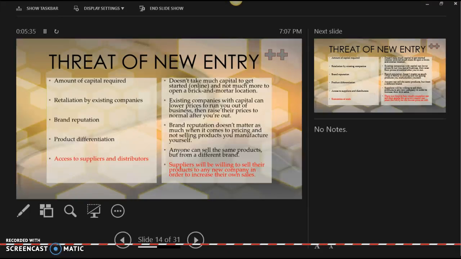Access to suppliers and distributors. Suppliers are going to be willing to sell their products to any new company in order to increase their own sales. So anyone who goes out there and wants to start selling, the suppliers are going to sell to the distributors. The distributors are going to sell to whoever wants to buy from them, because everybody's trying to get their own piece of the pie. I'm sure there are some places out there that do some exclusives.